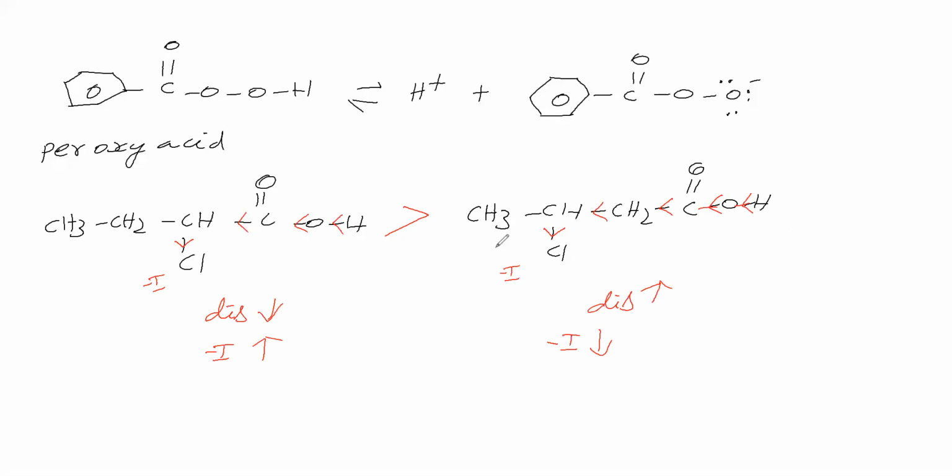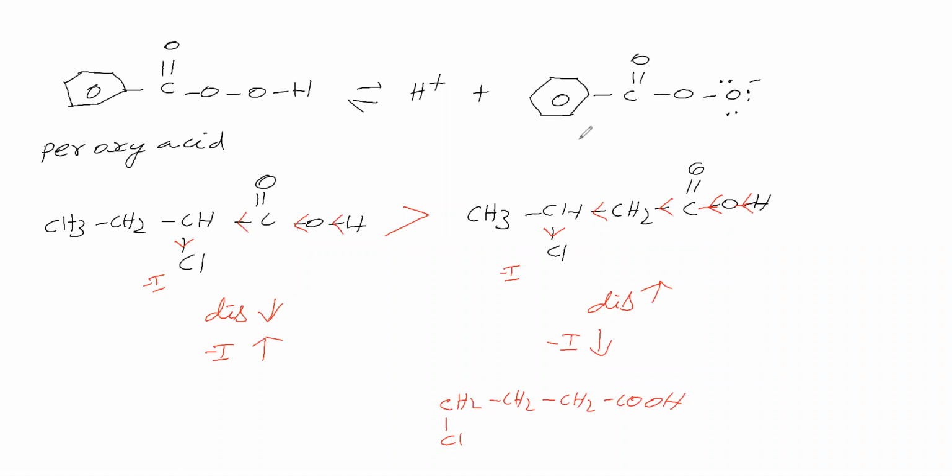So if the minus I group is closer, then the inductive effect strength will be more. Now we will take gamma chlorocarboxylic acid.